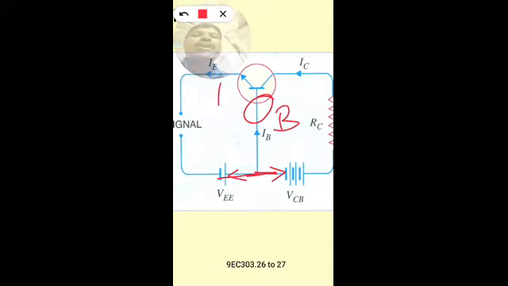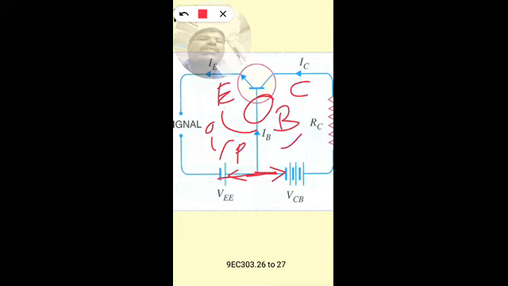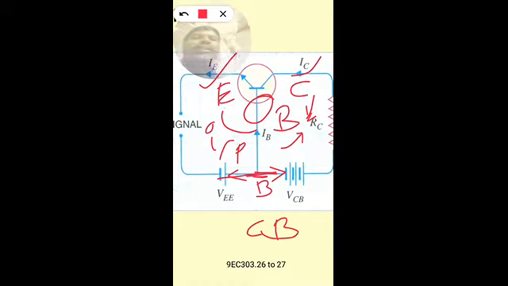On the input side we have the emitter and on the output side we have the collector. So this is the input junction, and the collector base junction is the output junction. The base terminal is common between the emitter and collector, so it is called common base configuration.